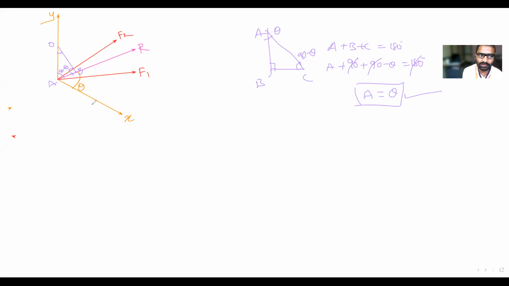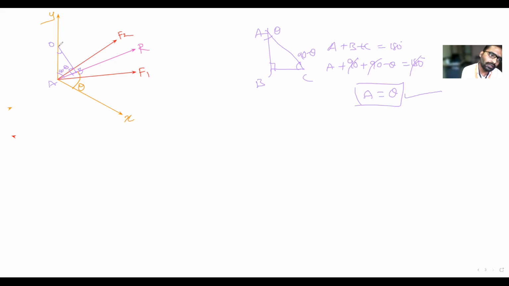When the resultant makes an angle theta with respect to horizontal, what angle does it make with respect to the vertical? 90 minus theta. Total is 90, horizontal is theta, so the remaining is 90 minus theta. Is it clear, everyone?